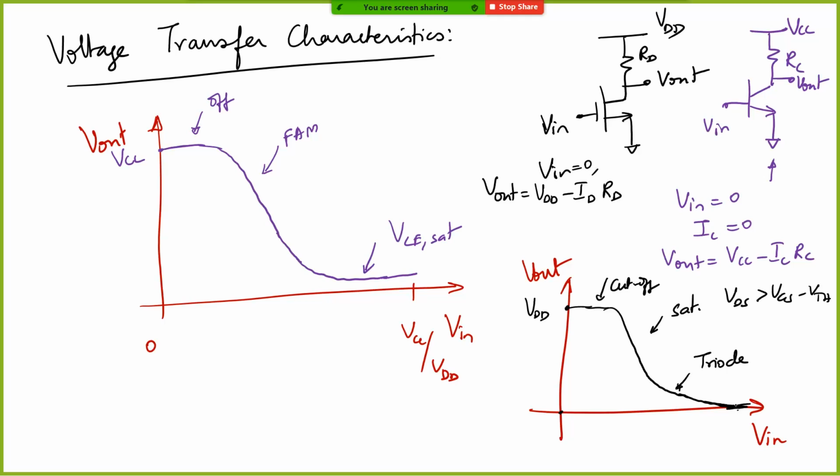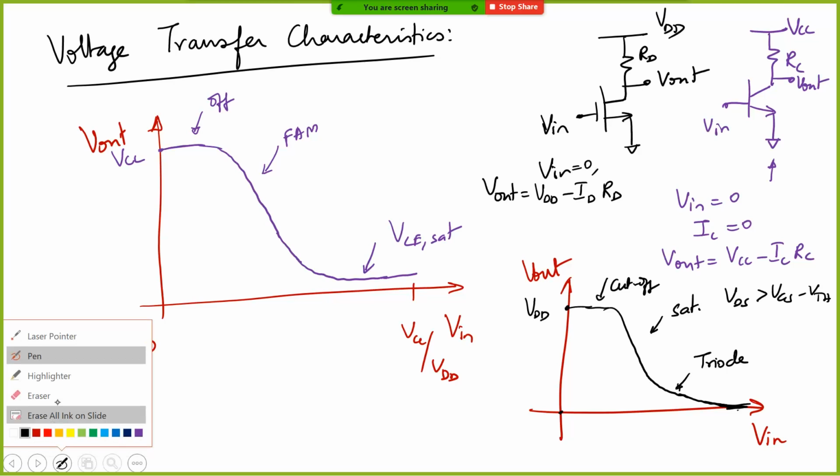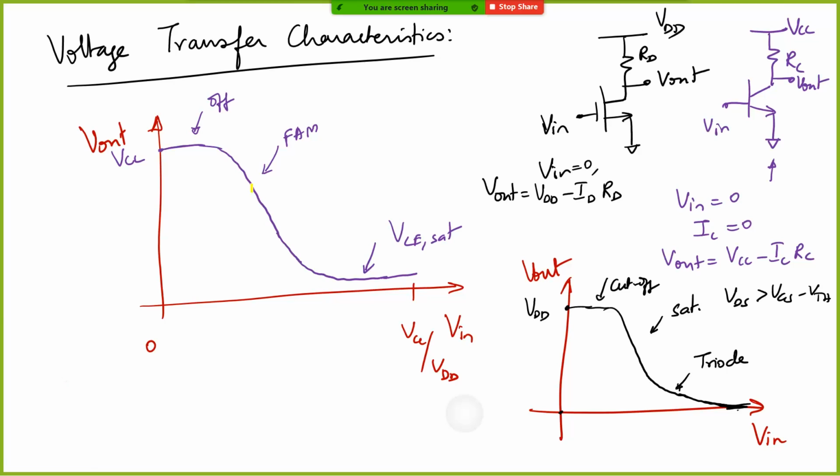All right. So for the circuit to work as an amplifier, for a BJT, you want to be in the slope region.